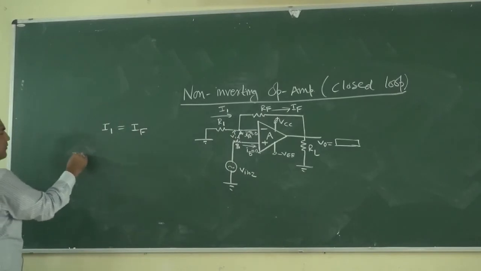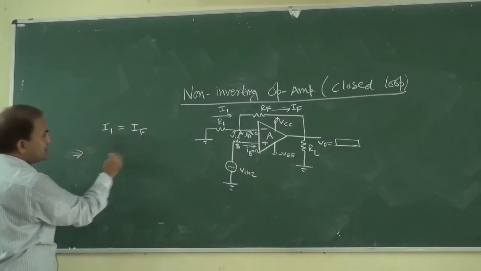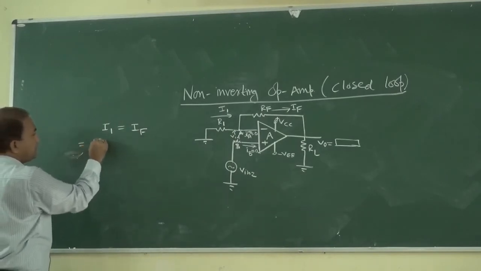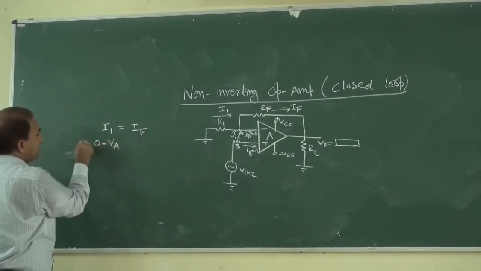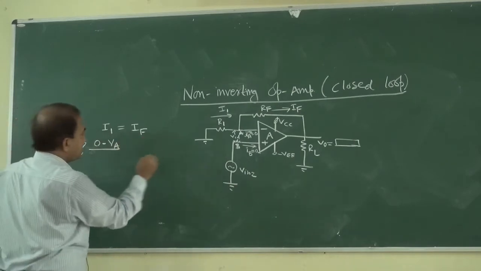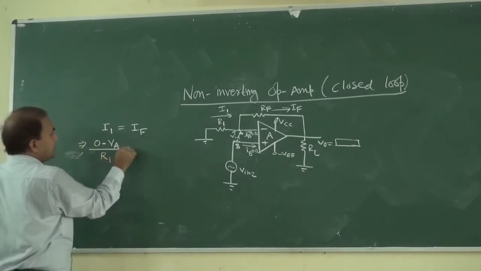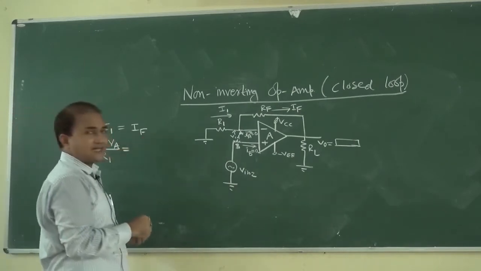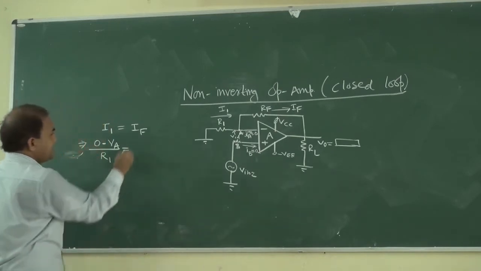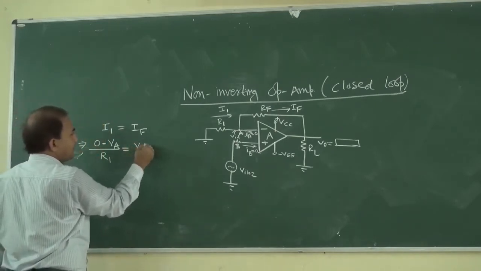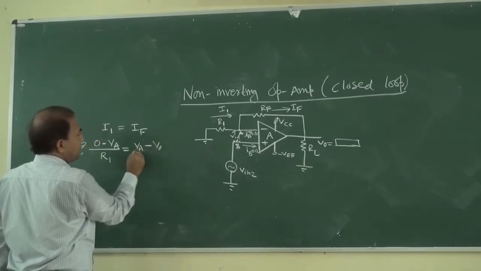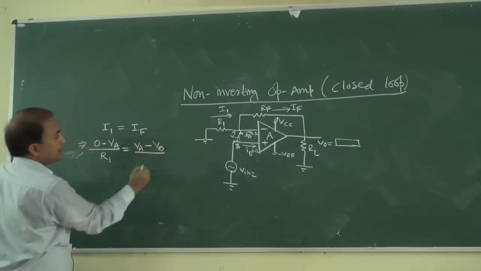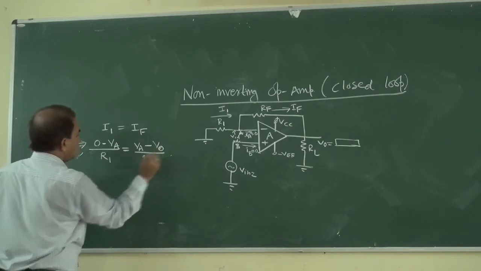So how can we express I1? I1 is equal to 0 minus VA divided by R1. How can we express IF? IF is VA minus V out divided by RF. Okay.